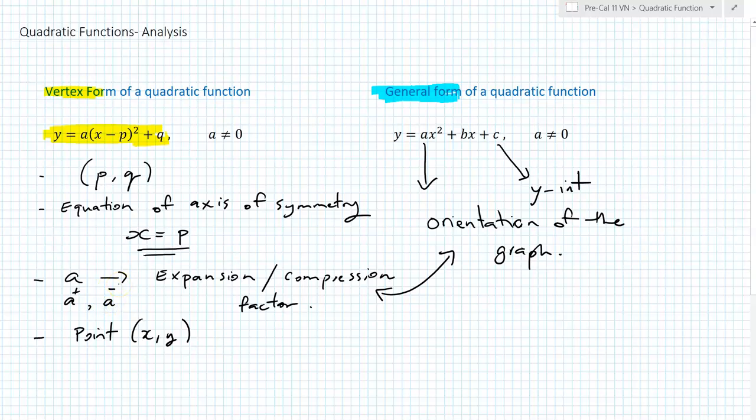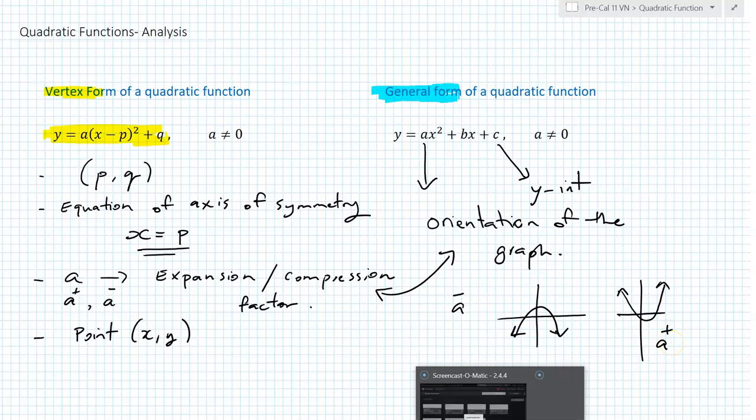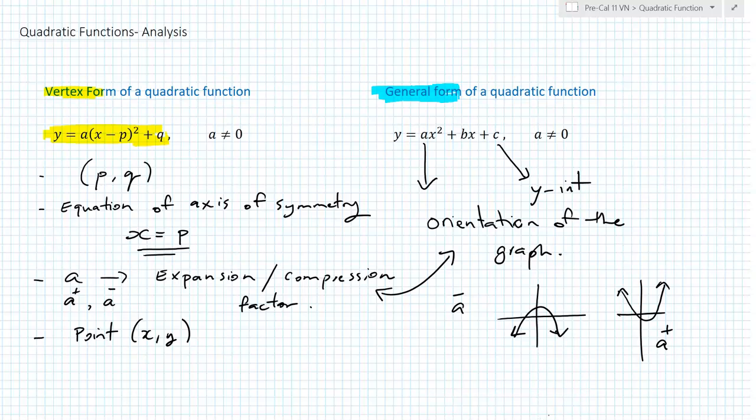It opens upside up, or the graph is upside down. So if a is negative, the graph is upside down, like that. If a is positive, the graph is upside up. Okay, very good.